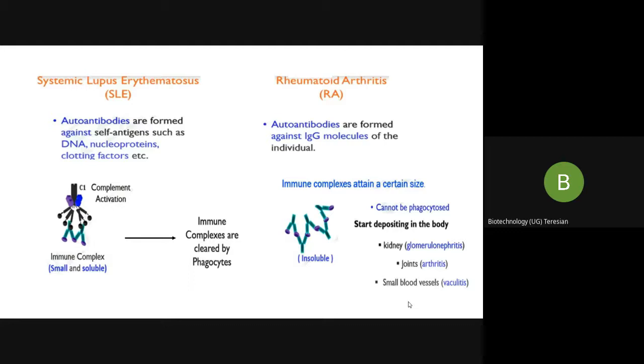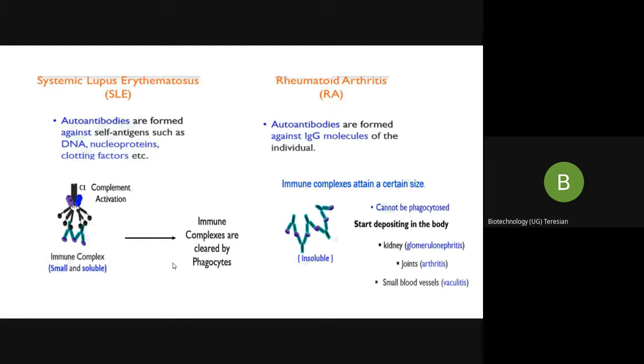So, what is the mechanism behind this? Whenever our immune system encounters soluble antigens in circulation, the resulting immune complexes are cleared by phagocytosis.